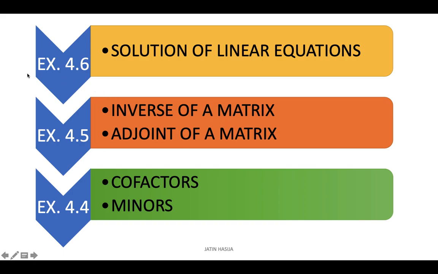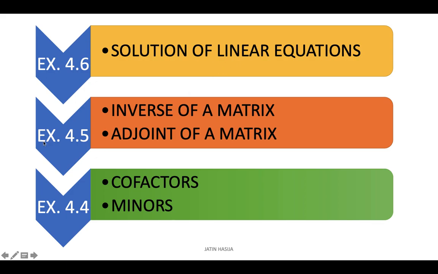Exercise 4.6 covers the solution of linear equations using the matrix method. 4.5 covers the inverse of a matrix, although we have already studied it, this is through a different method. This exercise will also cover the adjoint of a matrix. Then in exercise 4.4, we have cofactors and minors.